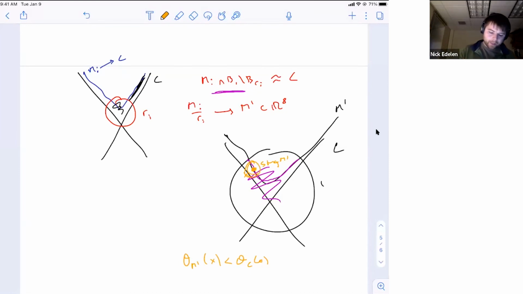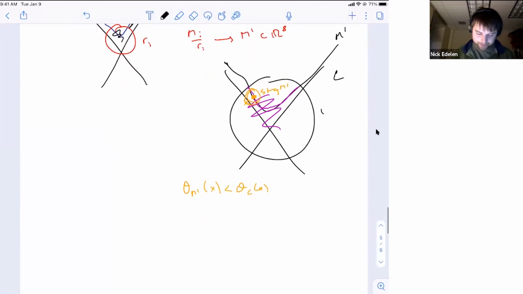So by carefully choosing your blow-up radius, any singular points are going to have strictly less density, and then you can blow up again and again, and every time you recurse, you drop a density level until you get down to density 1, and the only density 1 cone is a multiplicity 1 plane. It's not a very profound idea, but it's cute. So that's the basic idea of the proof, modulo various technical details.